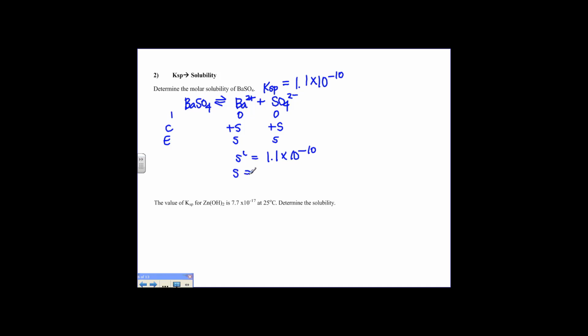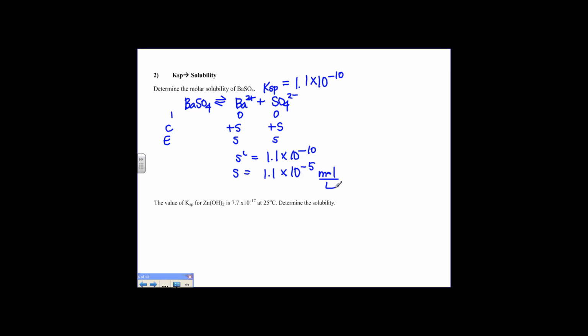So S in this case is equal to 1.1 times 10 to the negative 5, and that's in mole per liter. So when you solve for the traditional X from your ice charts, what you're actually determining is the solubility in moles per liter of the particular substance.